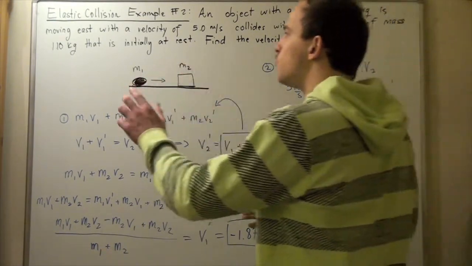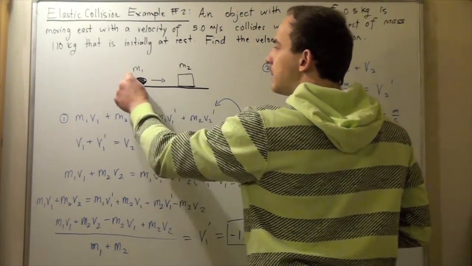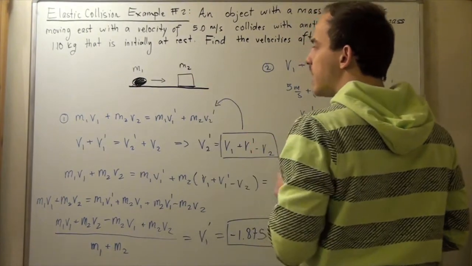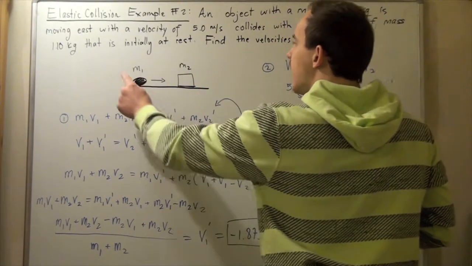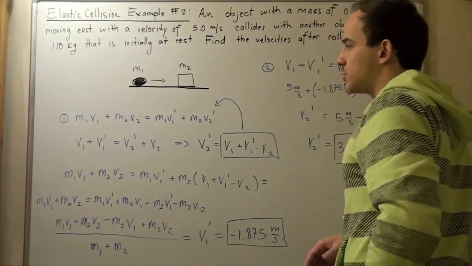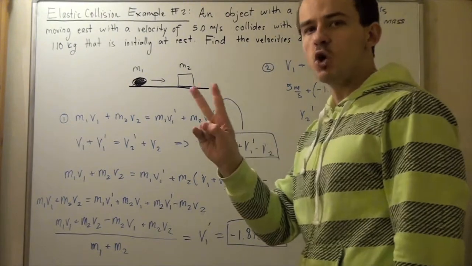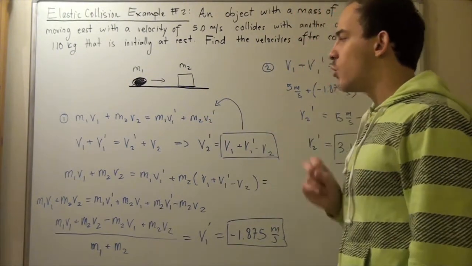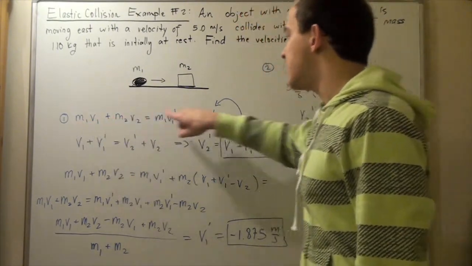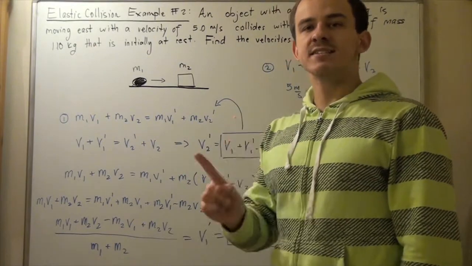So we're assuming that an elastic collision takes place between this object m1 and this object m2, where m2 is stationary, and m1 is moving in the east, in a positive direction. So we begin with the following two equations. We have two unknowns, and that means we need two equations. The first equation comes from the fact that momentum is conserved.